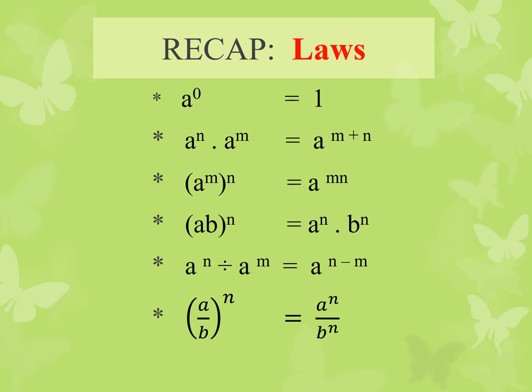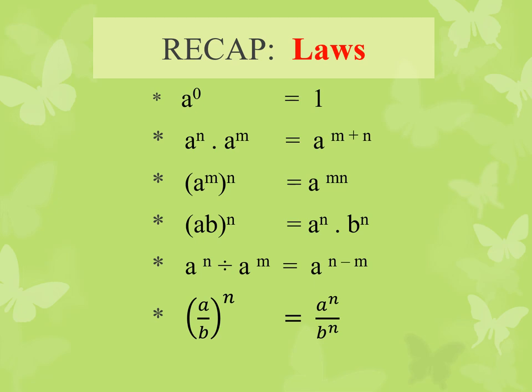We will remember also that when you have a exponent n times a exponent m, when the bases are the same and you are multiplying your powers, you add your exponents. So a exponent n times a exponent m is equal to a exponent m plus n, or n plus m, regardless how you want to put it.